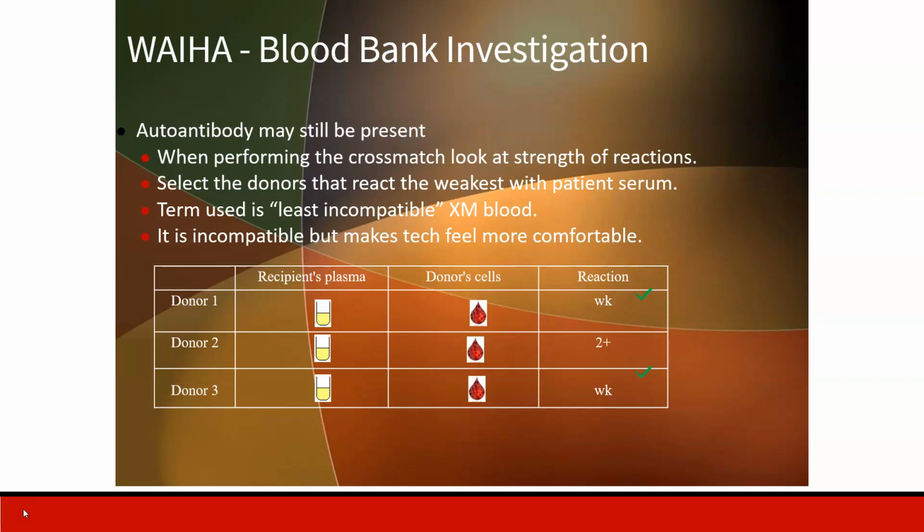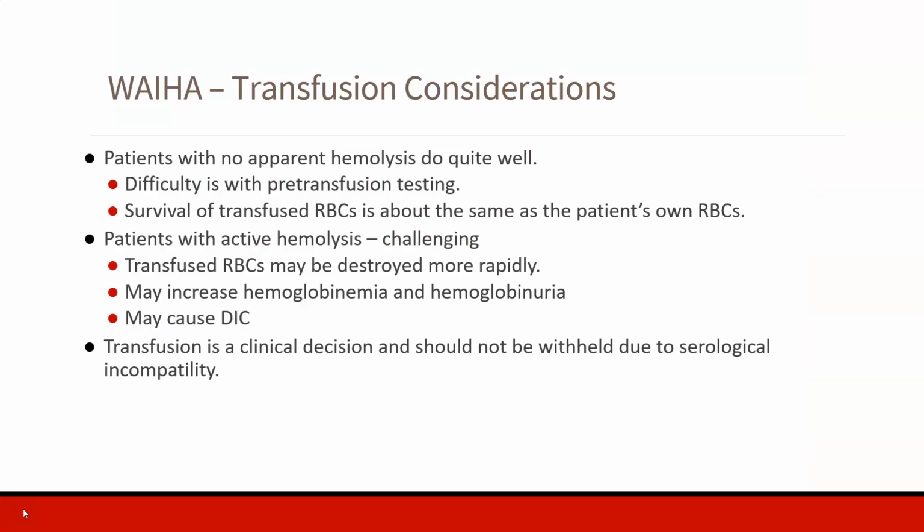But again, ultimately, this is incompatible blood that you're transfusing, and nursing service better be on top of this patient at all times during the transfusion. So now we transfuse the patient. Patients with no apparent hemolysis do quite well.